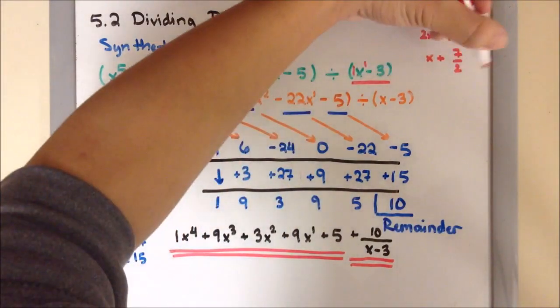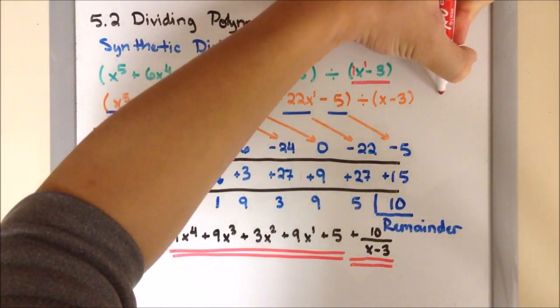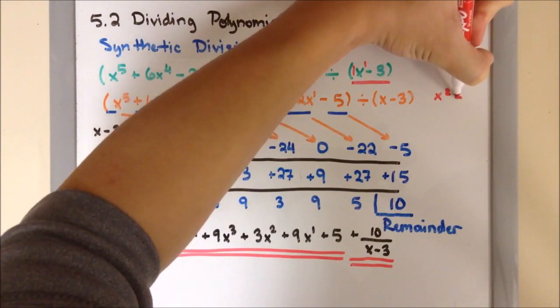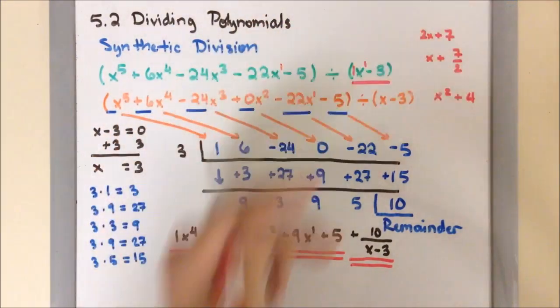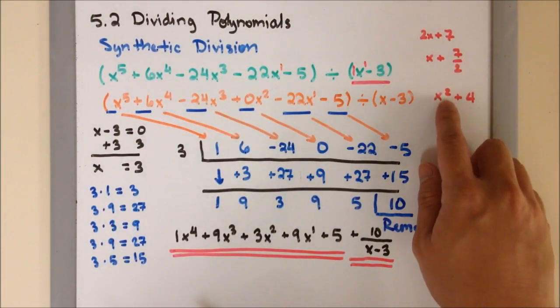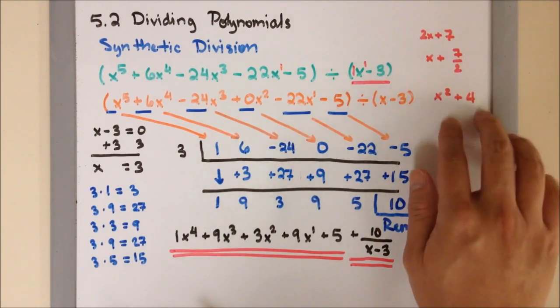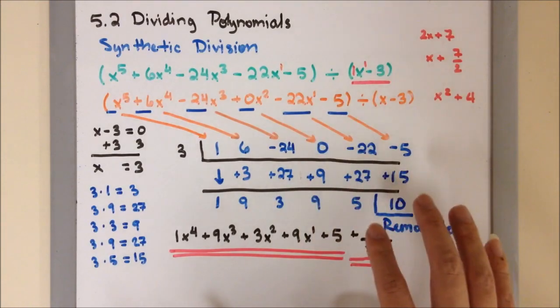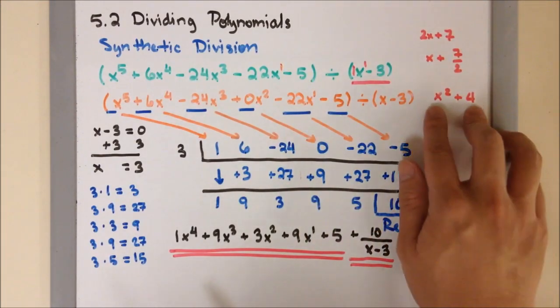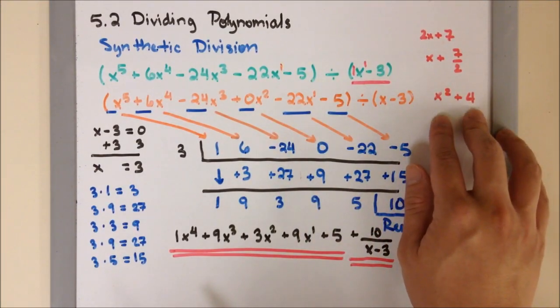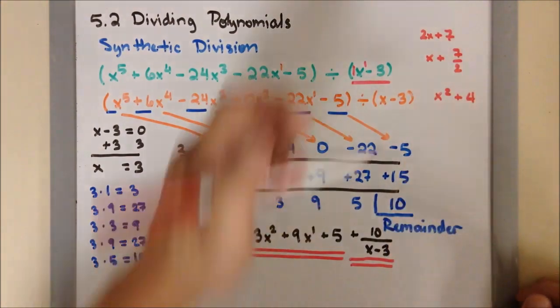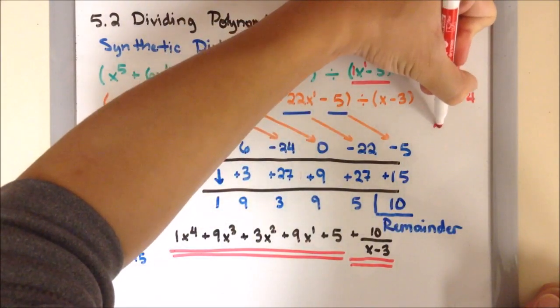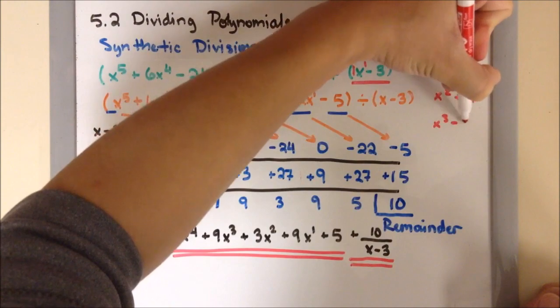Now, the degree, for example, x squared plus 4, since the degree is more than 1, we can't use this because it's not going to align with the work. So you would have to use long division if it's x squared plus 4, or if it was x to the third minus 6.